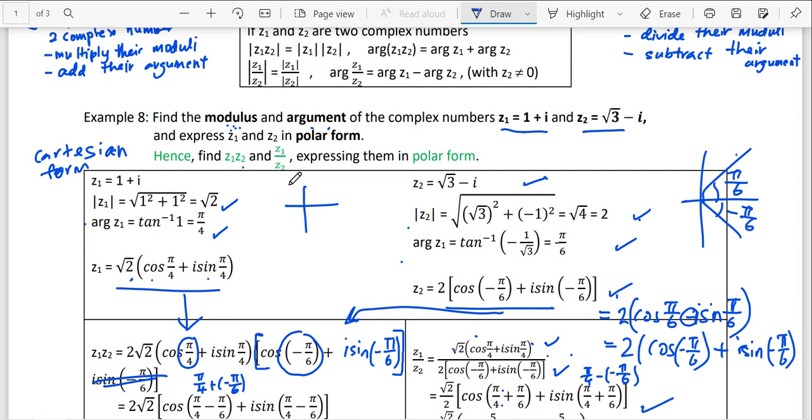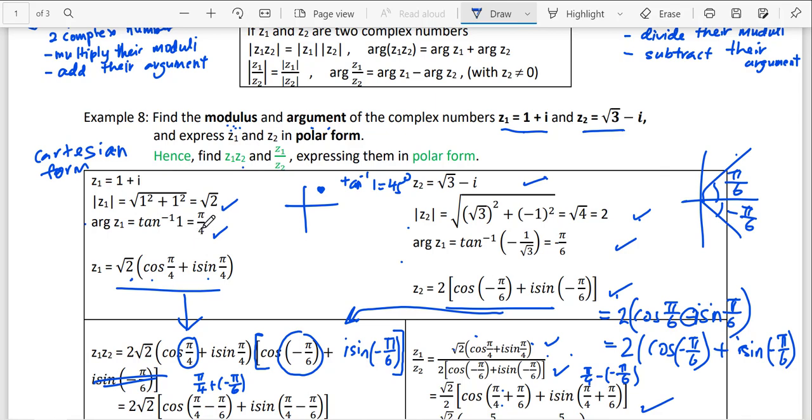This is positive, so it is in the first quadrant. If in the first quadrant, normally no problem, you straight away press the calculator and get the answer. So for this, you press arctangent 1, you get 45 degrees.